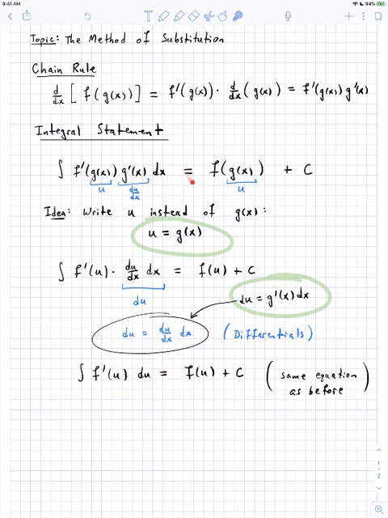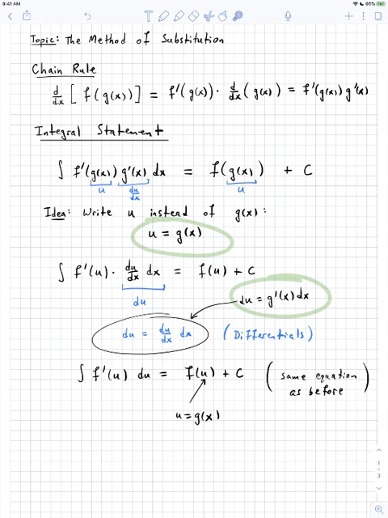Because what we're looking for is this antiderivative f composed with g. If we have f prime, we can then figure out what f is, and then in order to get the composition, you just plug in u equals g of x back into that expression, and you're done, or at least you have your answer.